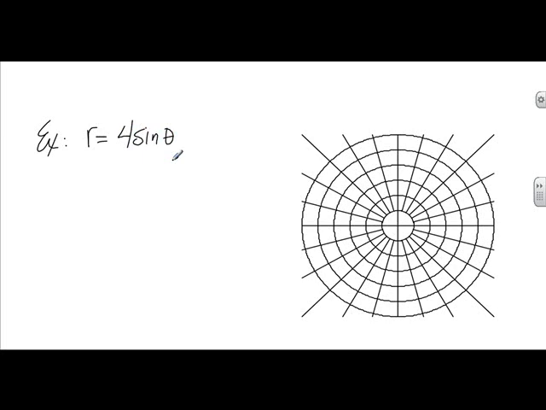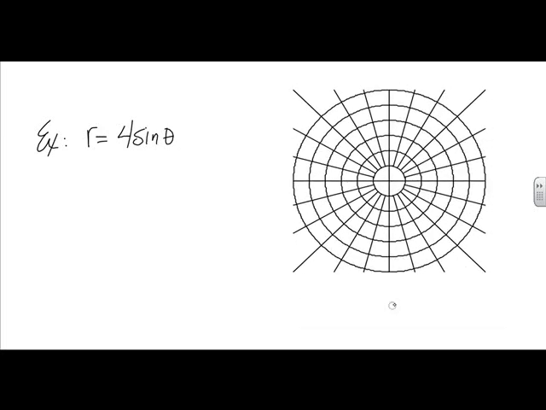What angles make sense? Well, the special angles, since those are the angles that we know sine and cosine values for. So if I start with theta equals 0, then r is going to be 4 times the sine of 0, which will be 0. So that point is the point 0, 0.